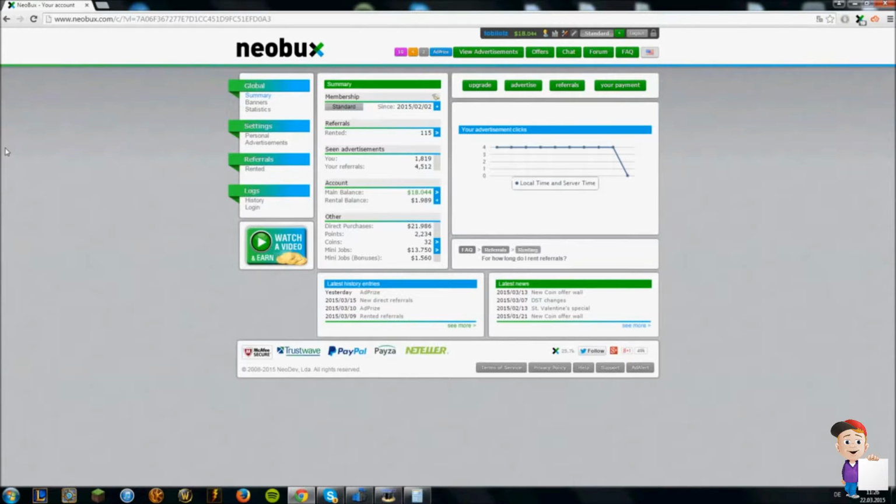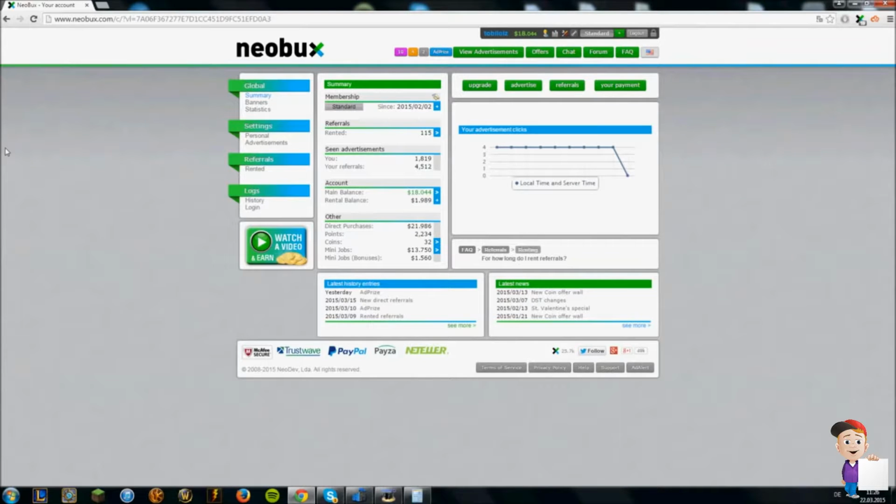There is another type of referrals. Those are direct referrals, people who join NeoBux under your referral link. They basically do the same thing as rented referrals do, but of course they don't cost money.